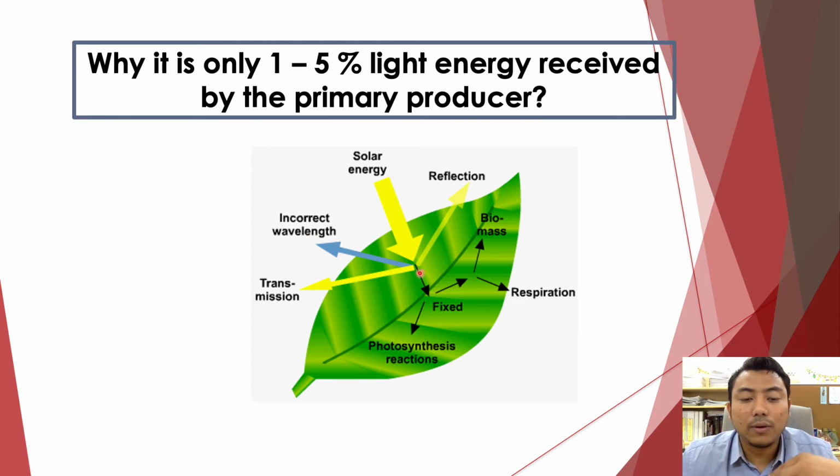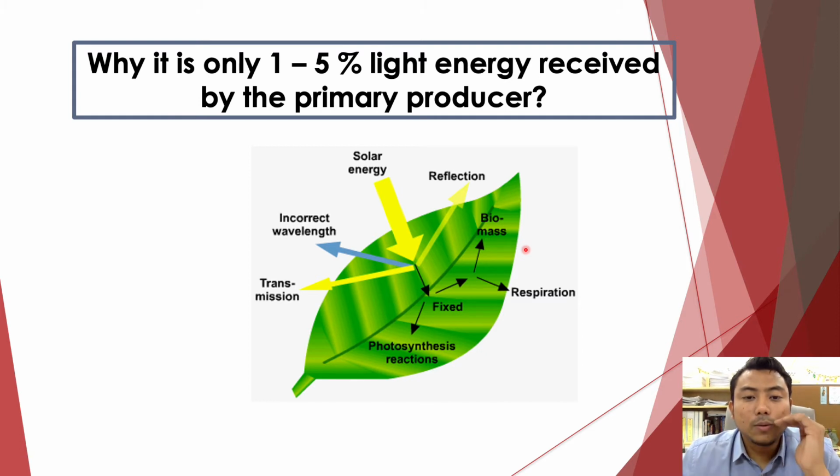Maksud incorrect wavelength tu maknanya wavelength energy yang not being absorbed by the plant. Okay, so only 1 until 5% is able to be used, fixed for photosynthesis, for biomass, maknanya buat pertambahan new cell ataupun untuk respiration of the plant itself.